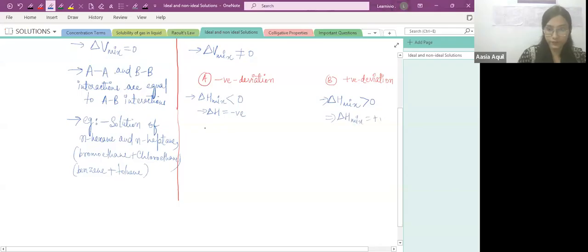The second point is the volume change of mixing. Again, it is negative for negative deviation, and in positive deviation it is positive, that is, greater than 0. Got it?